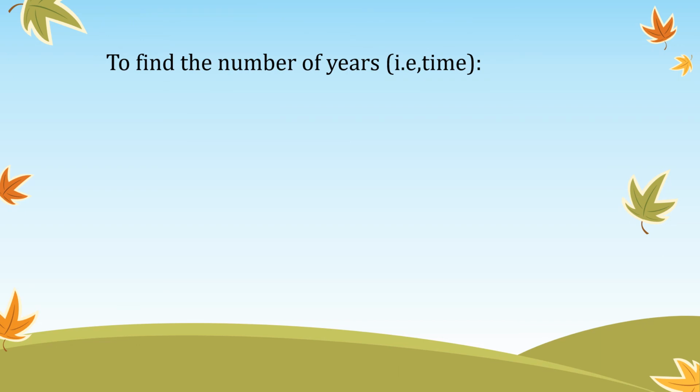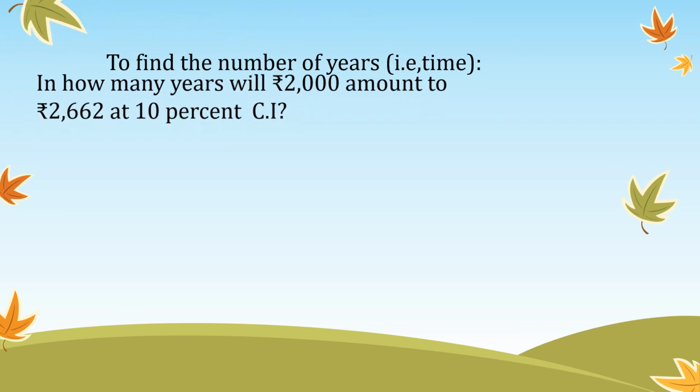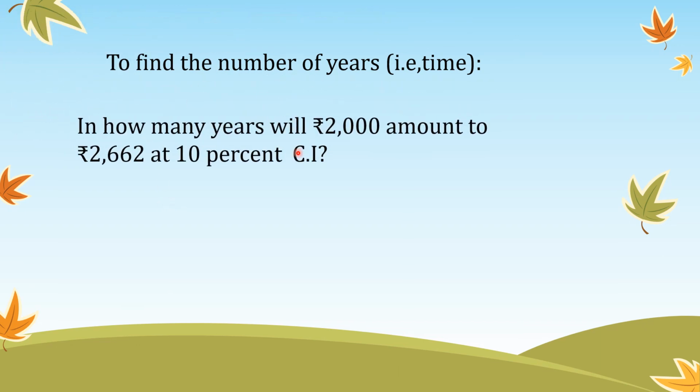Next is number of years, that is time. For example, in how many years will 2000 amount to 2662 at 10% compound interest? How to calculate?